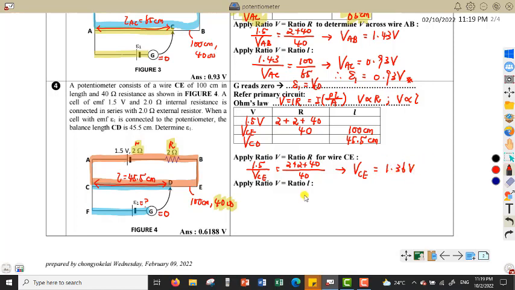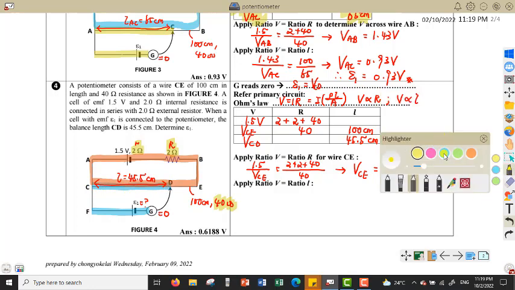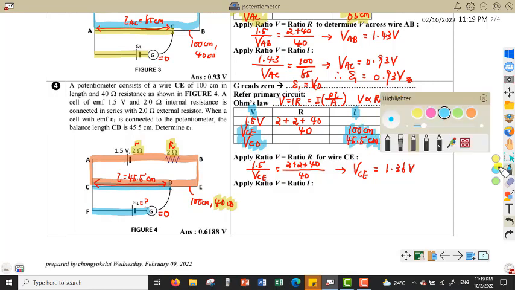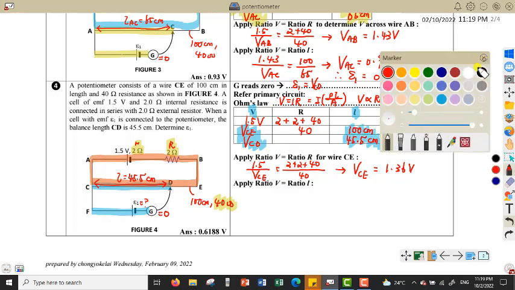Okay, so after we have got the voltage across the whole wire, now we can find the voltage across the balance length only. Now we can relate the voltage, focusing on the wire only, with the length of the wire.